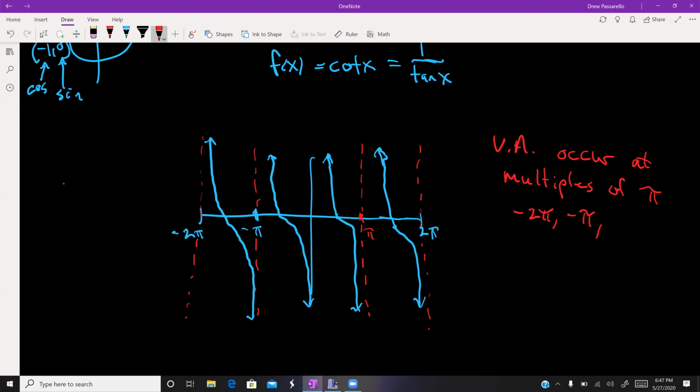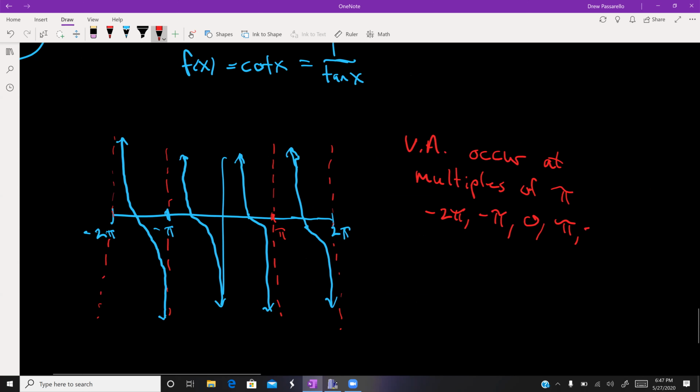The y-axis is an asymptote that's technically 0 times pi, so that's 0, pi, and 2 pi, and so forth. So vertical asymptotes at x equals n times pi, where n is an integer.